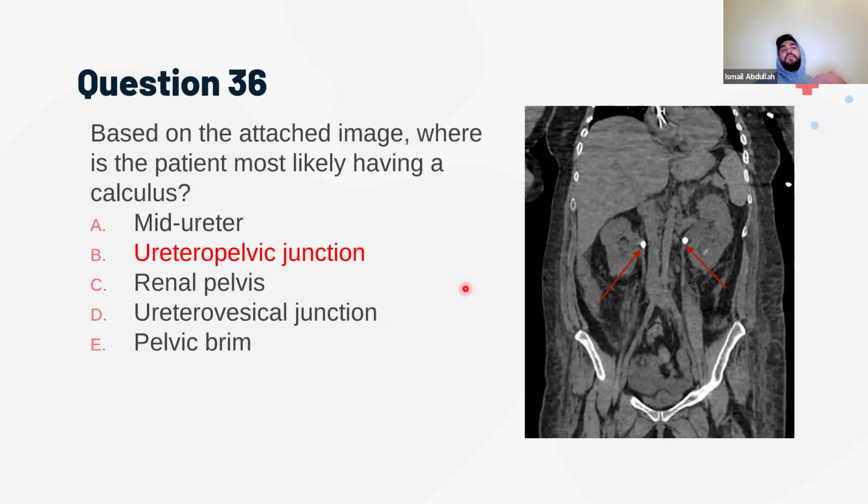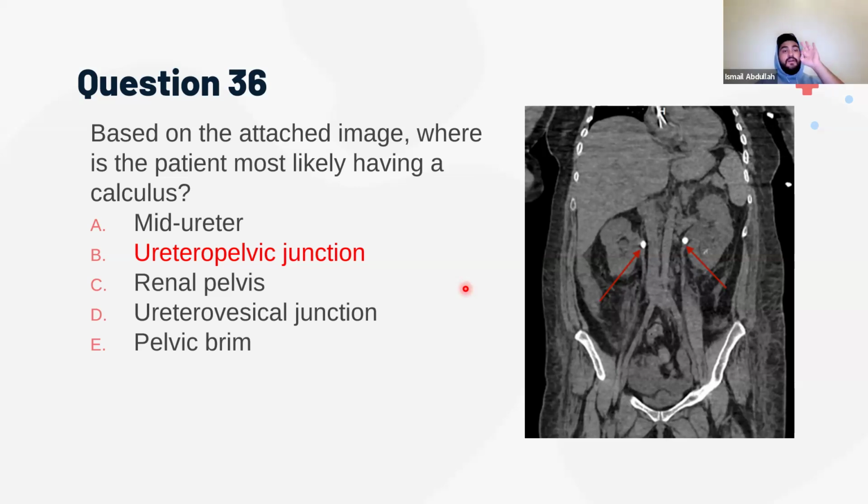Now, why wouldn't you say renal pelvis, mid-ureter, or such? Because you need to keep in mind there are three constrictions in the ureter itself. We have the uretropelvic, the uretrovesical, and when it crosses the common iliac vessels at the pelvic brim.